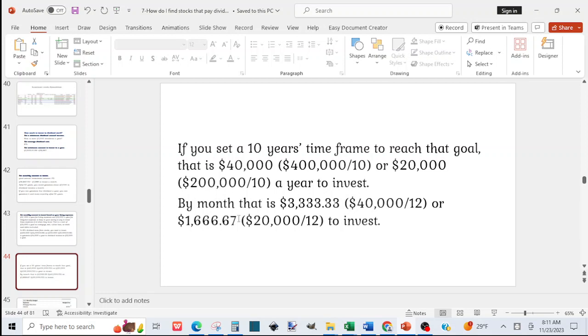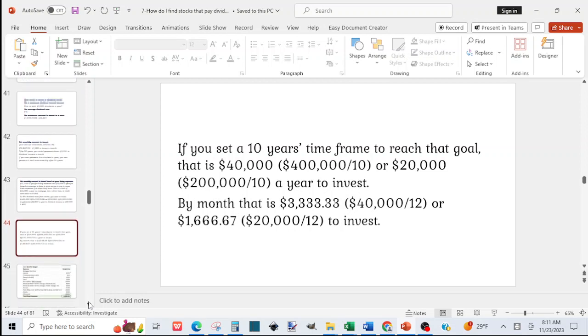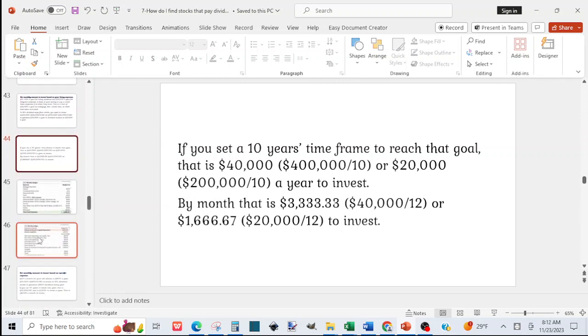Then take a look at your budget and your paycheck to see if you'll be able to invest about that amount to reach the goal you are setting in 10 years. To do that will require you to be frugal and to pay off your debts.